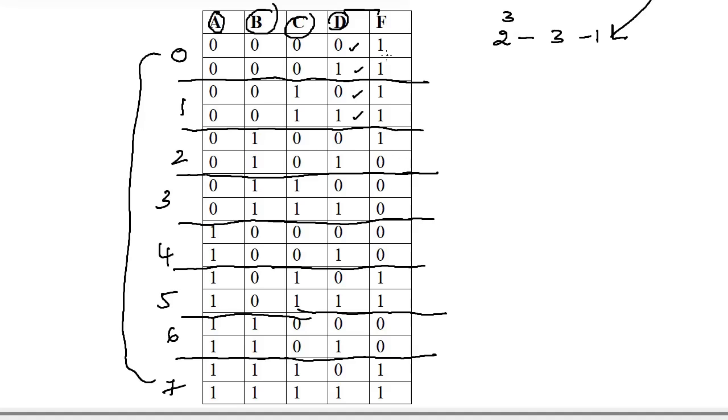For the 0th combination, that means A 0, B 0, C 0, I am taking F as 1, F equal to 1, ignoring the D values. Next one, same way, 0, 0, 1, also F equal to 1. And now see here, in the second value, D is 0 here, D is 1 here, and F is 1 then 0. So here I am taking F value as F equal to D bar.